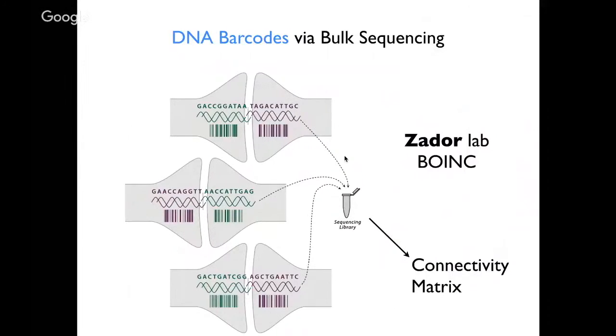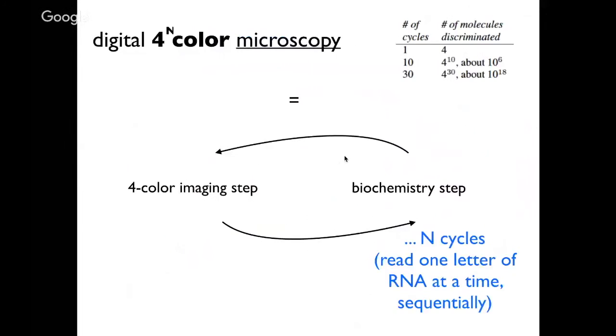You really want to know the inputs and outputs to an area, in addition to just what that area is doing internally. And so having these unique identifiers for cells, these barcodes that Tony talked about, is also something that I view as essential for doing comprehensive mapping at a kind of whole brain level.